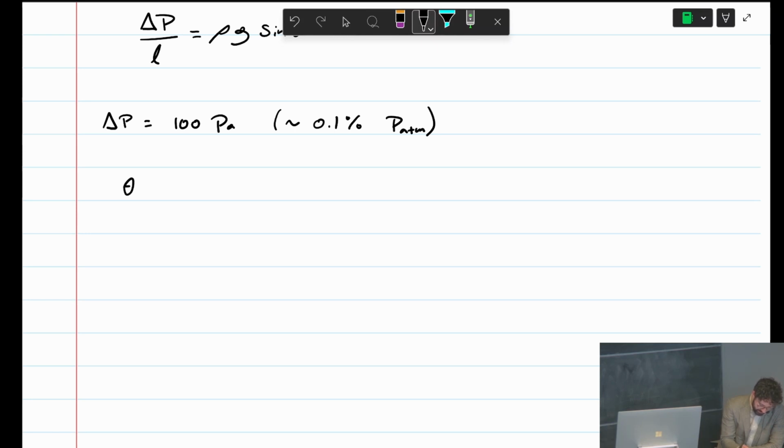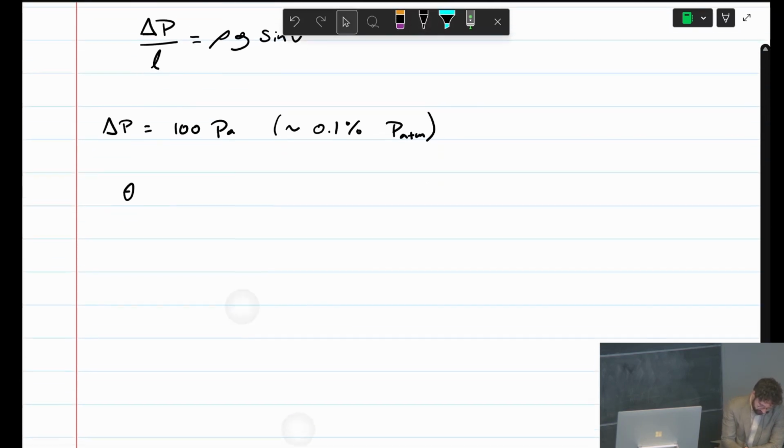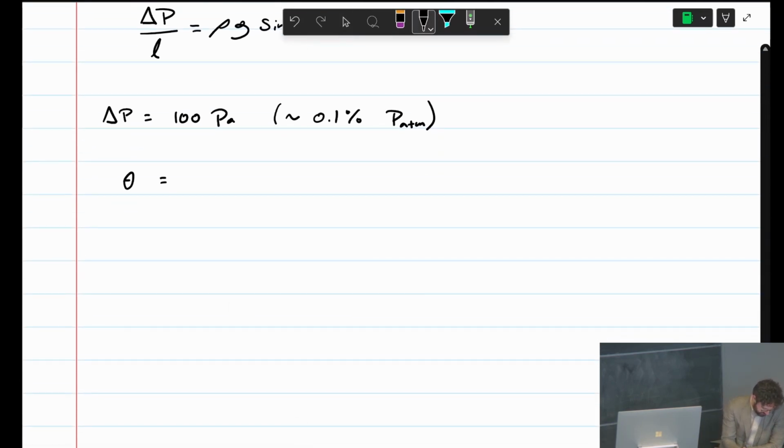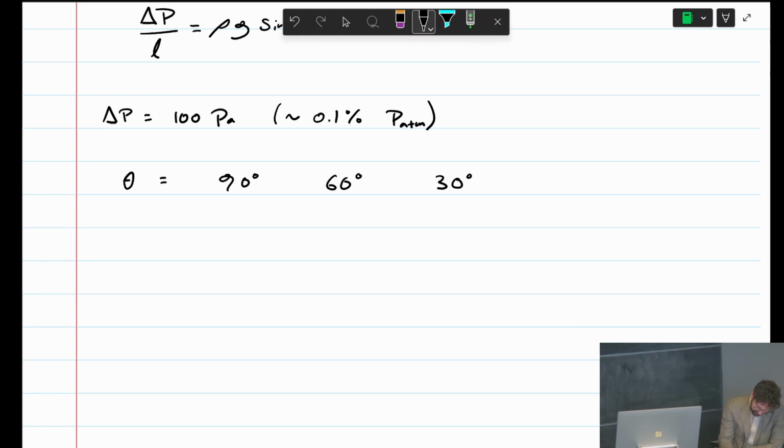So with the angle theta, let me give you a table here. Theta of 90 degrees, 60 degrees, 30 degrees, and 10 degrees. So this is basically like a U with a bit of an angle, even more.